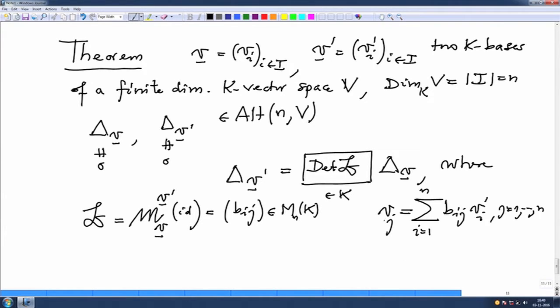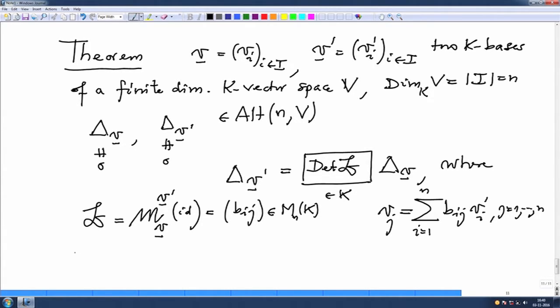So when you write the basis vectors in the basis V in terms of the basis vectors in V prime, you get coefficients, and that is this coefficient matrix. It is called the transition matrix from V prime to V, because the upper index is always written from where it is, and these are in terms of this. Okay, so let us prove this formula.